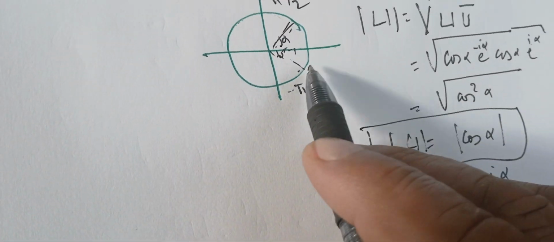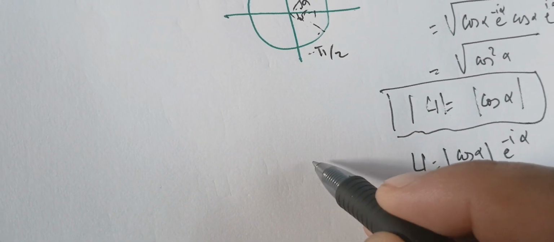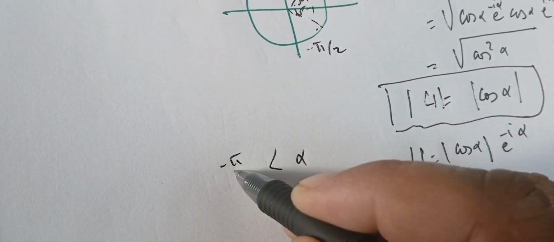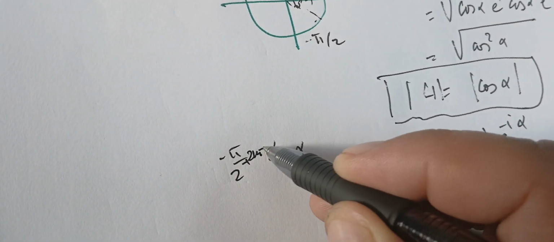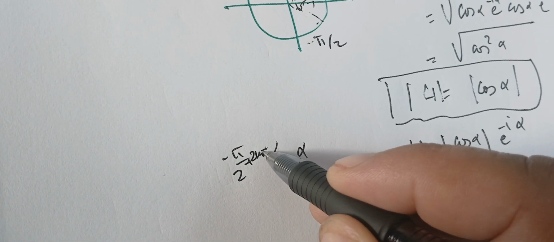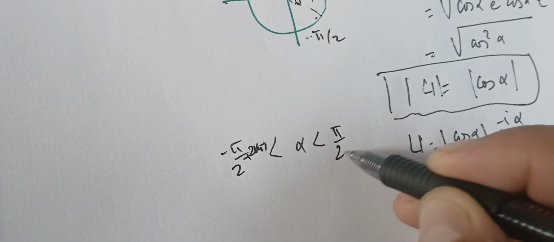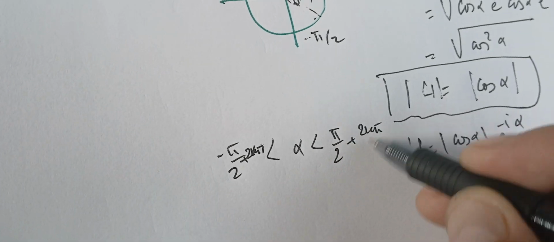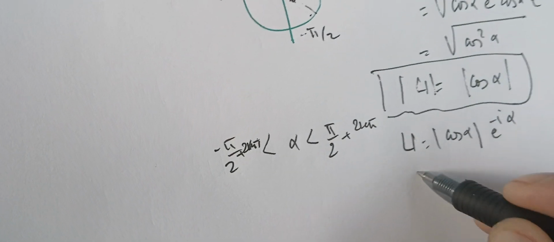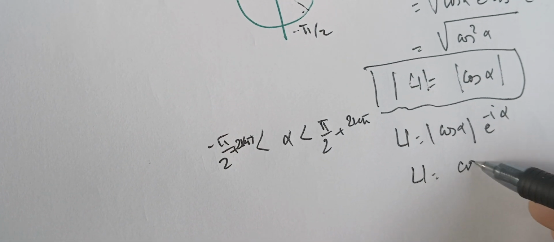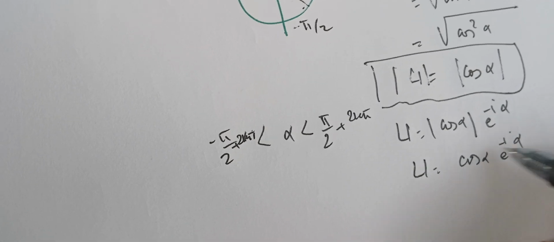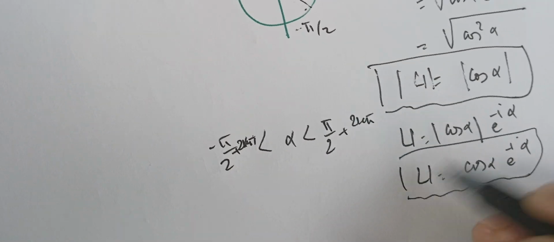This also holds if alpha is between minus pi over 2 plus 2k pi, with k some number in Z, and pi over 2 plus 2k pi. Therefore u is just cosine alpha e to minus i alpha. So this is the exponential form.